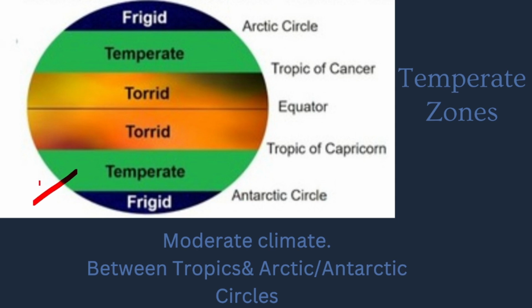Because this area receives slanting rays of the sun. It won't get direct sunlight, but slanting sunlight. That's the reason why they get a moderate climate. Moderate climate in the sense it will be not too hot, not too cold.